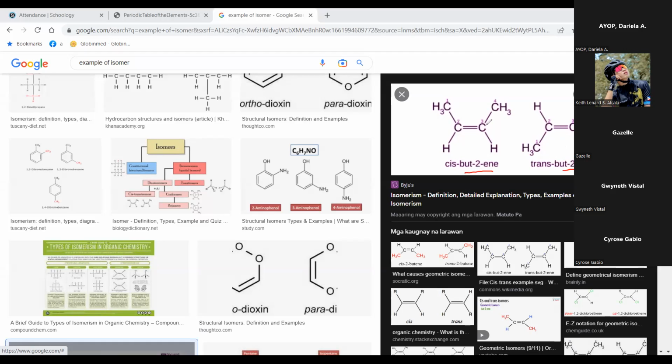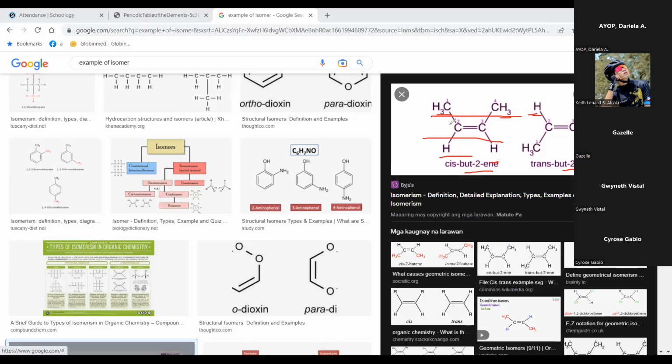Pero cis and trans. Ano yung pinagkaiba? We have this one, the position. Itong sa cis, parehas yung CH3 nasa taas, yung hydrogen nasa baba. Ito nagkabaliktad. May isang hydrogen sa taas, isang CH3 sa taas and ganun din yung sa baba.